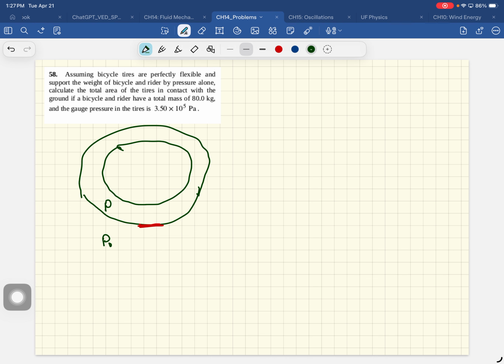So what is it that we're trying to find? The area.